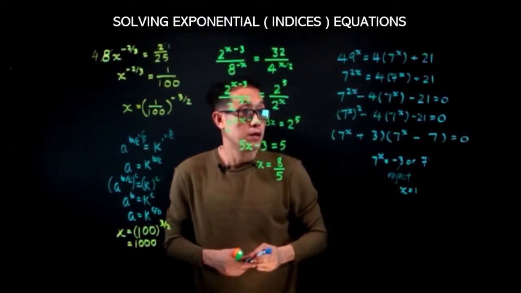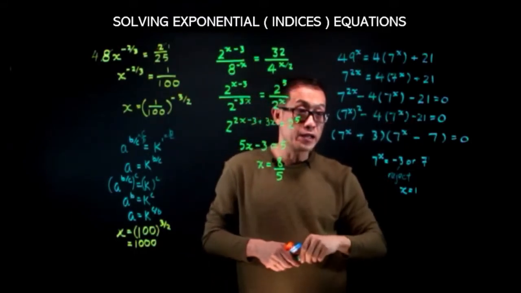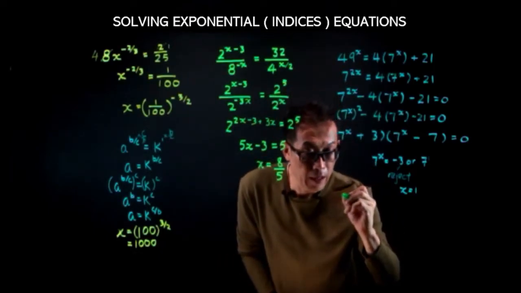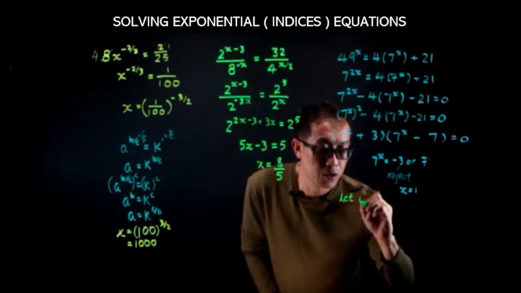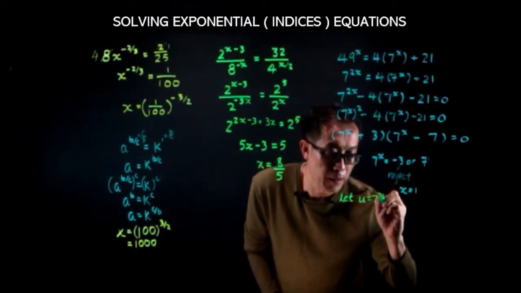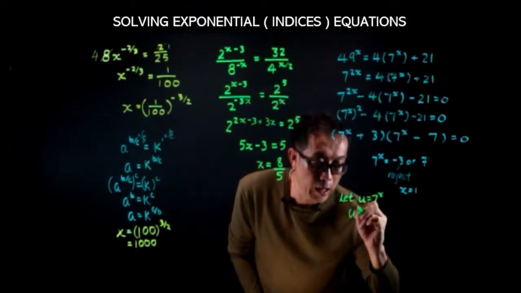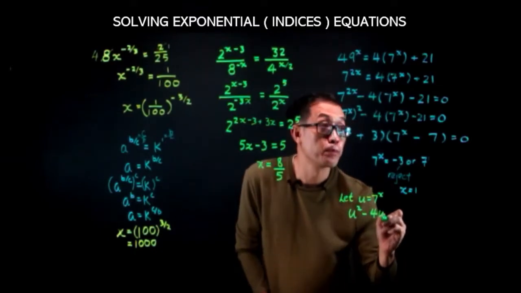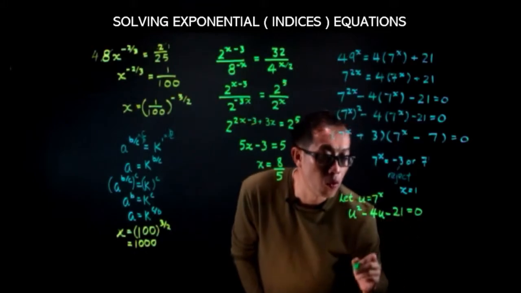Now, for those who can't see this, if I let u be 7 to the power x, and we do a substitution here, then you get u squared minus 4u minus 21 equals 0.